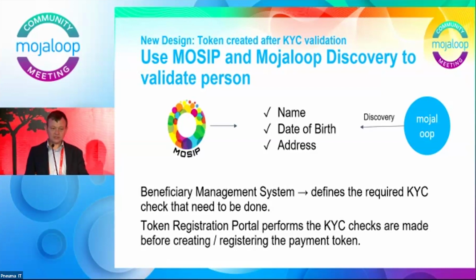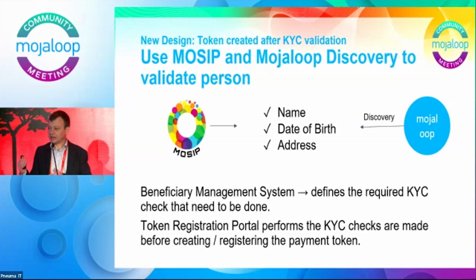The way we do this KYC matching is that MOSIP provides KYC in their backend. So this beneficiary management portal becomes a MOSIP partner, which allows them to access the KYC data. Then we use the Mojaloop discovery core, which provides certain limited information about the party.